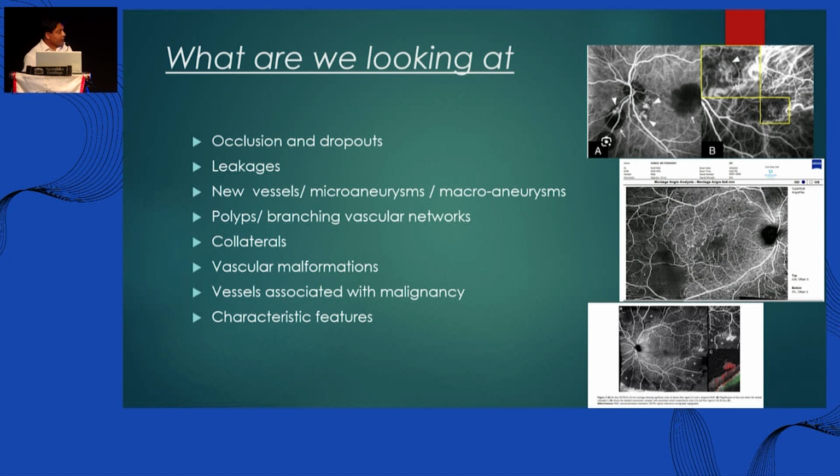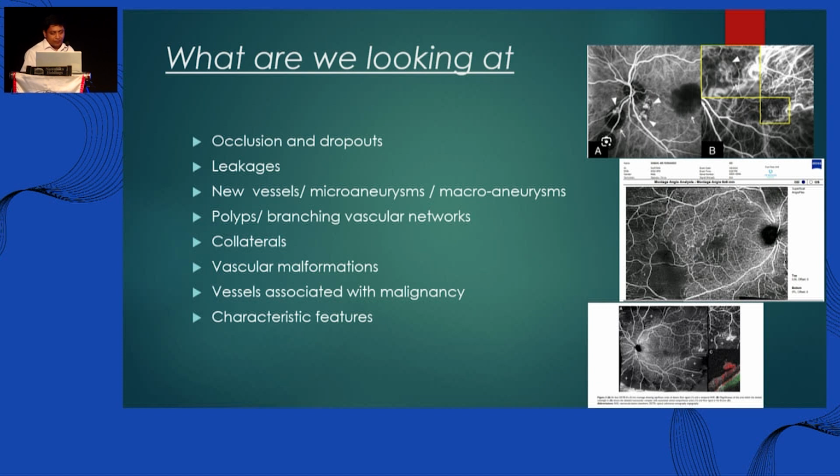What you see on the top is polypoidal ICG, and in the second picture you see areas of capillary dropout and an enlarged avascular zone. At the bottom you see an OCT angiography, with capillary dropouts, but in addition a vascular signal where you see new vessels breaking through the internal limiting membrane.